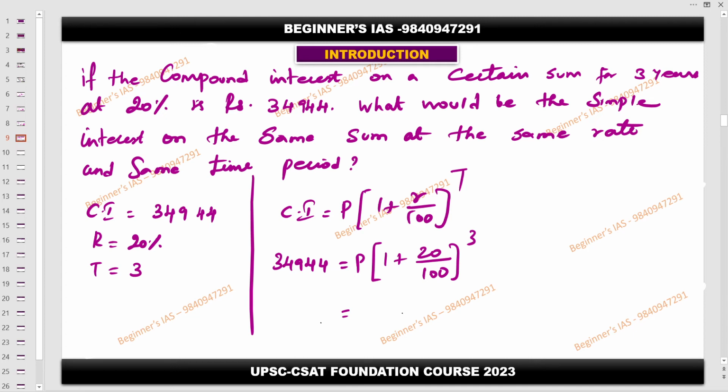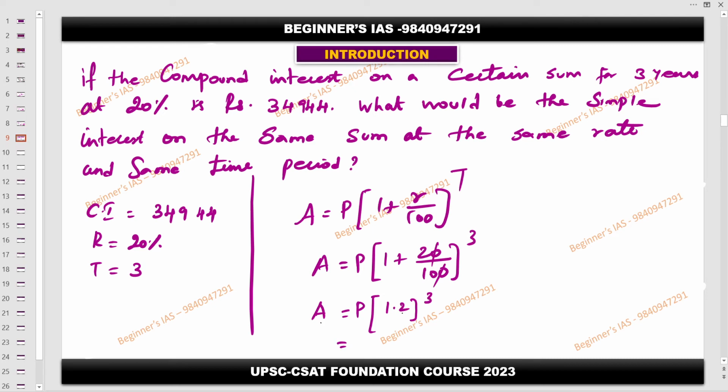So wait, first of all let us calculate A, then we will calculate CI. A is equal to P into, the 0 cancels, then 12 by 10. 12 by 10 is nothing but 1.2 the whole cube.